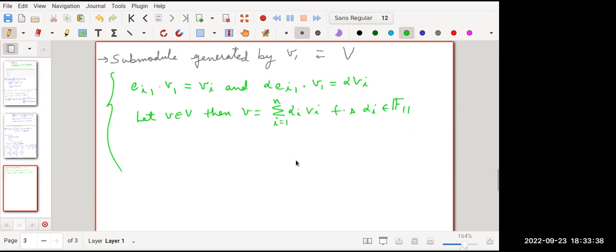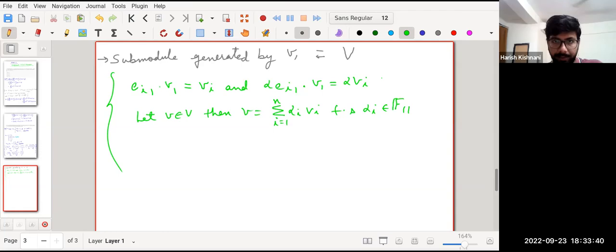Yes, sir. So, alpha i vi we have already seen, that is nothing but the summation of i equal to 1 to n of alpha i e i1 dot v1.